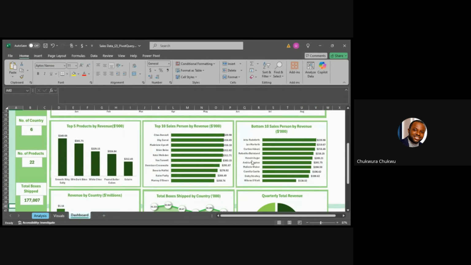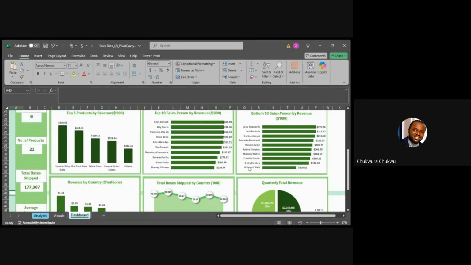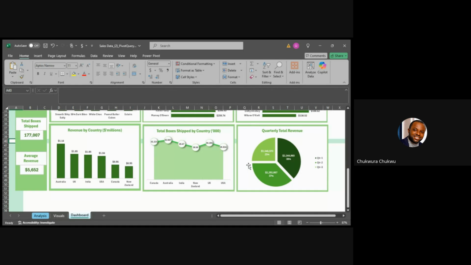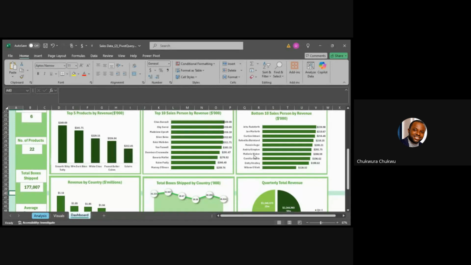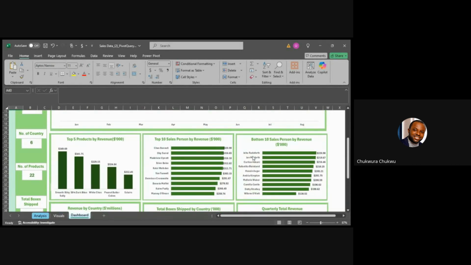Probably management could look into it, or if there's anything associated with the areas where they are, because from our data set, we have about 6 different countries. We want to know why, and ask if there are possible measures that could be taken to increase patronage for these products and this salesperson. So that was the essence of me creating the bottom 10 salespersons.